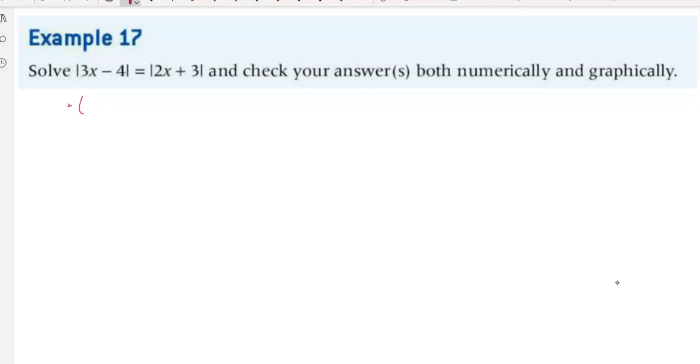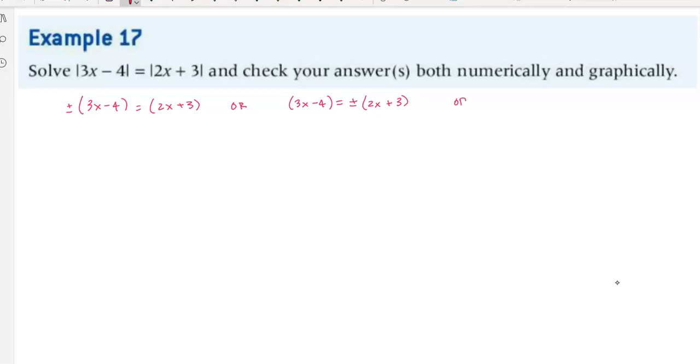So you can have plus or minus 3x minus 4 equals 2x plus 3, or we can do 3x minus 4 equals plus or minus 2x plus 3.